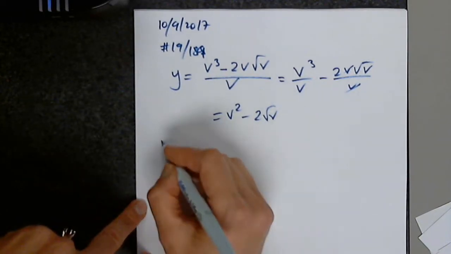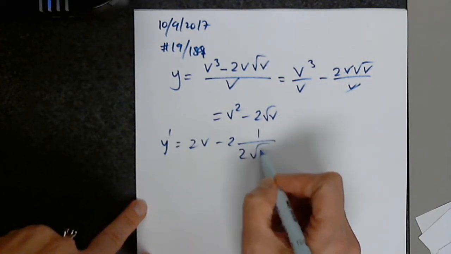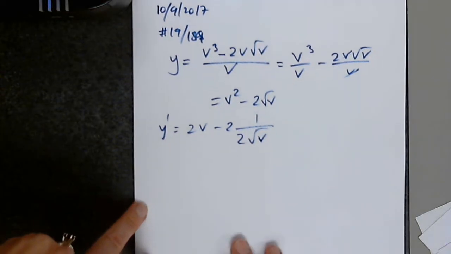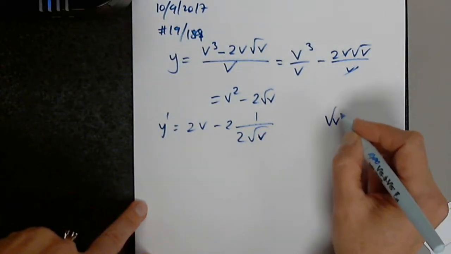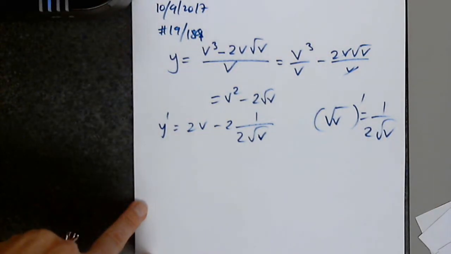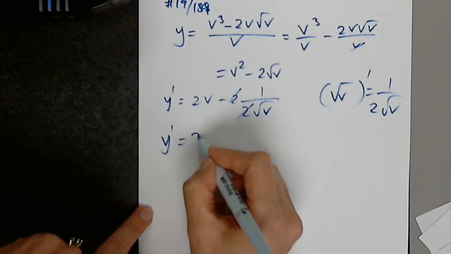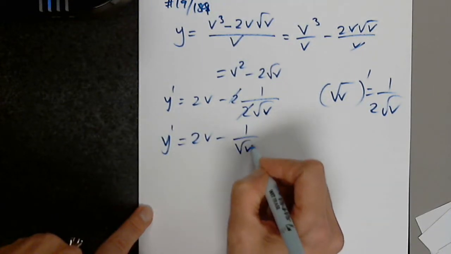And then I say y prime equals 2v minus 2, 1 over 2, the square root of v, because I know when I differentiate the square root of v, I get 1 over 2 the square root of v. We know that, and it was established. Then I simplify, and y prime is 2v minus 1 over the square root of v.